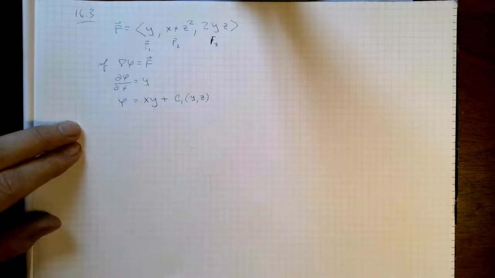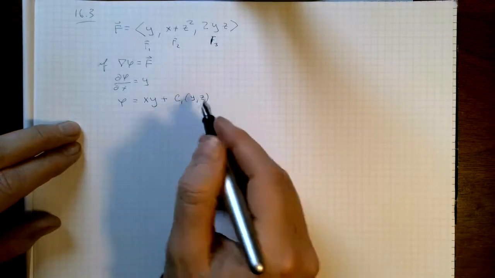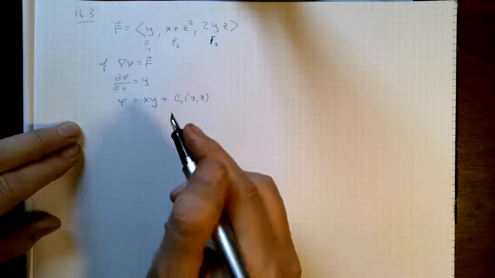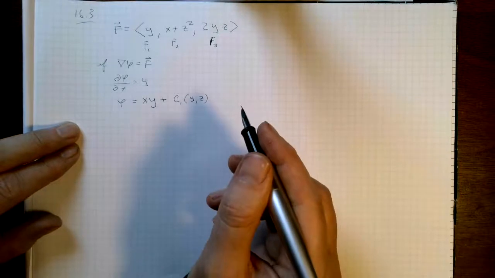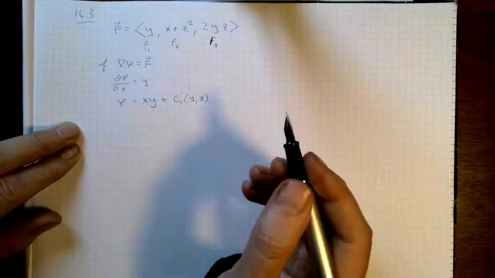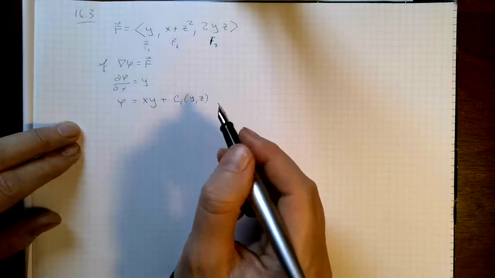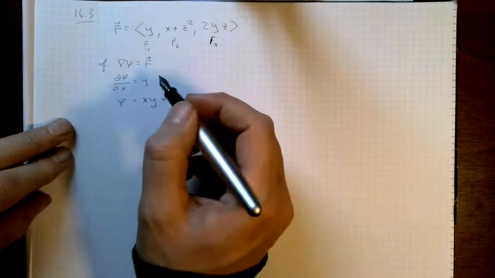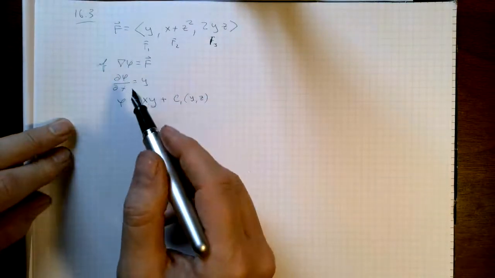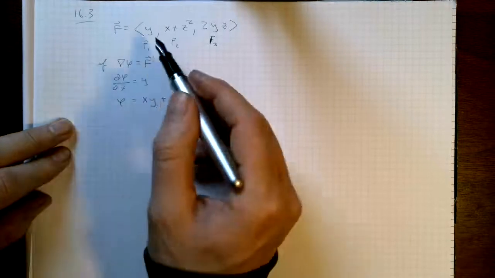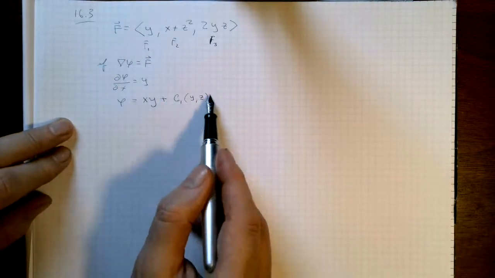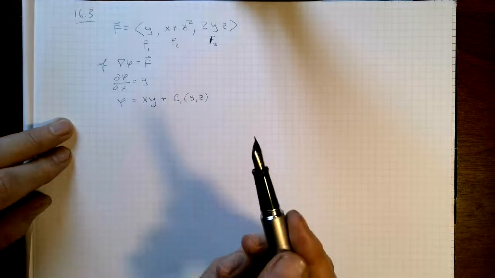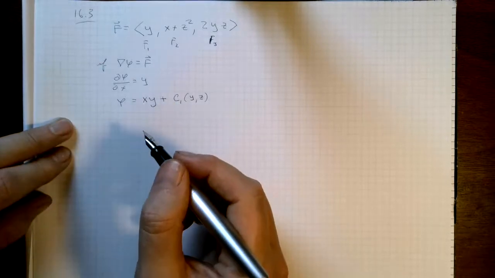It's a function of the remaining variables: I anti-differentiated in x, so it's supposed to be constant in x. But for each different y and z, I could get a different constant, so it's really a function of y and z. Now if phi has this form, then we definitely get the y: if I differentiate with respect to x, this disappears, and over here I get y. Okay, good.